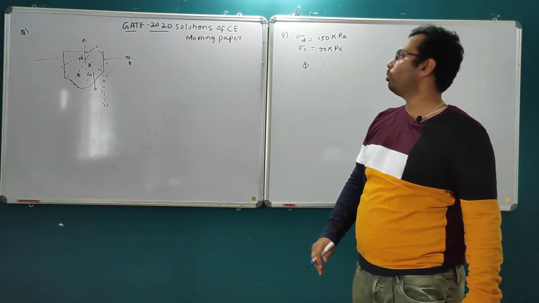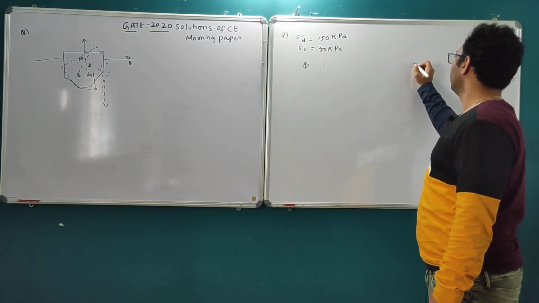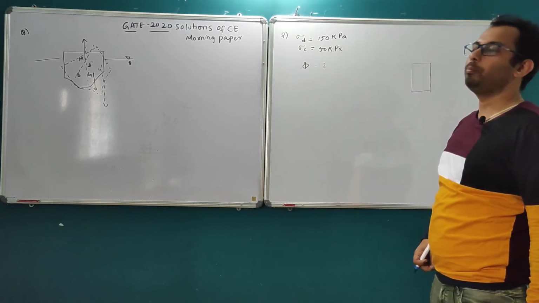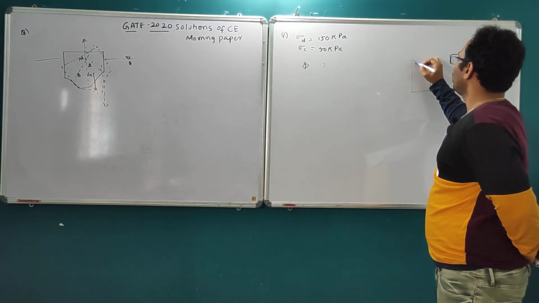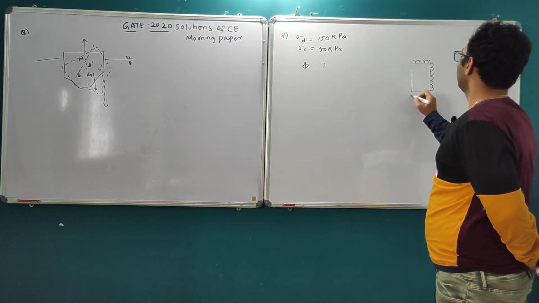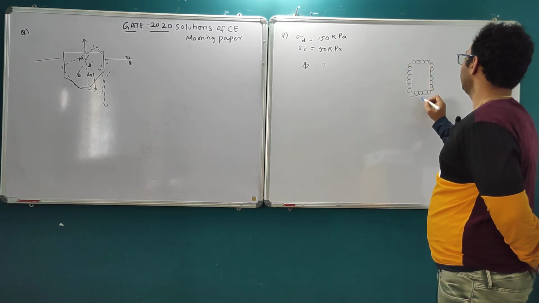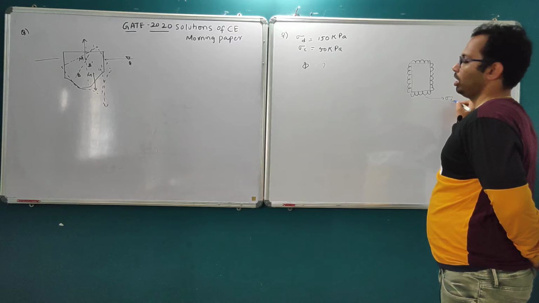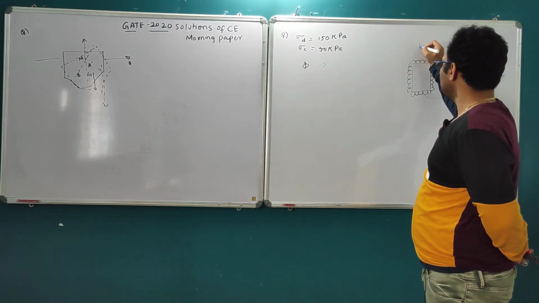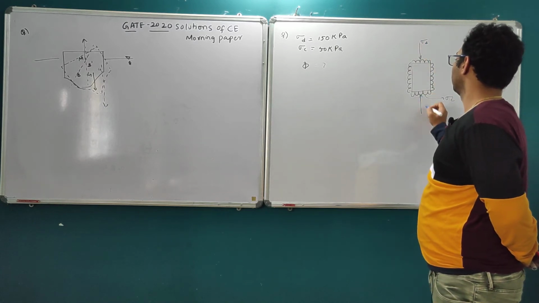Now, what is a deviator stress? If you do a triaxial compression test, how do we generally do it? First of all, we put cell pressure all around the soil sample. So this is cell pressure sigma c. After some time we put additional stress, that is called deviator stress.